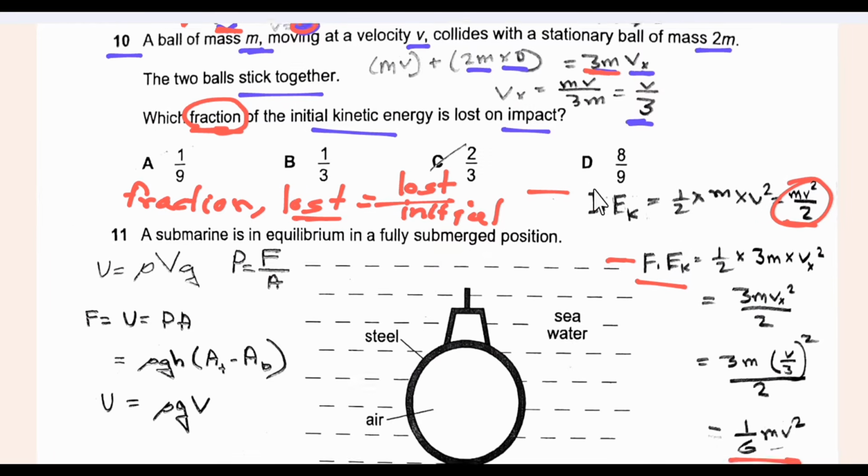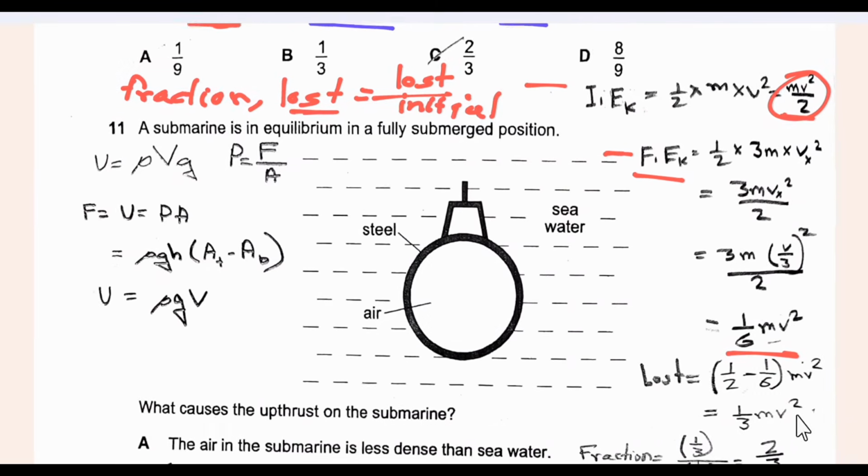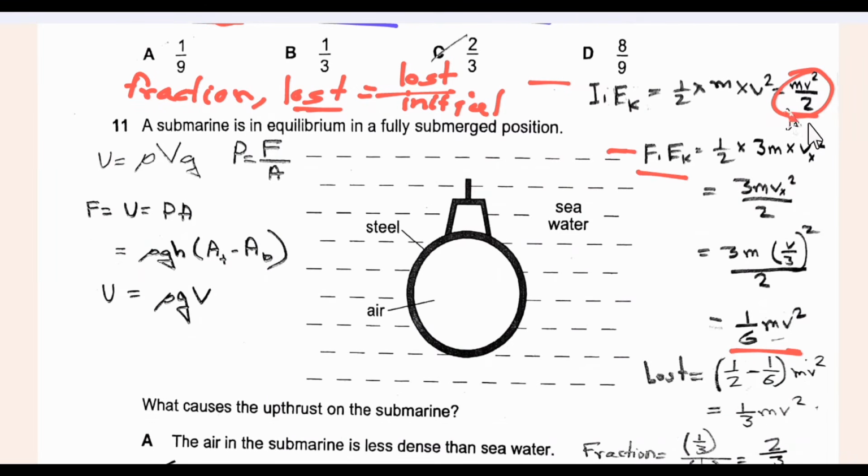So what is the energy lost? Lost is the initial kinetic energy minus the final kinetic energy. Initial is half m v squared, and this value minus the final kinetic energy. After subtracting, we get the kinetic energy lost.